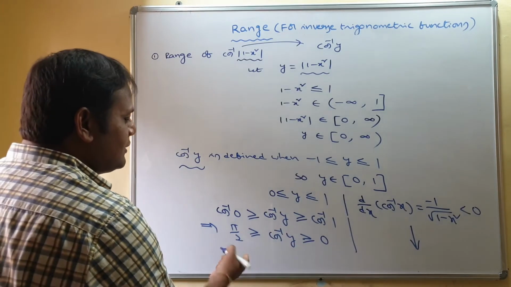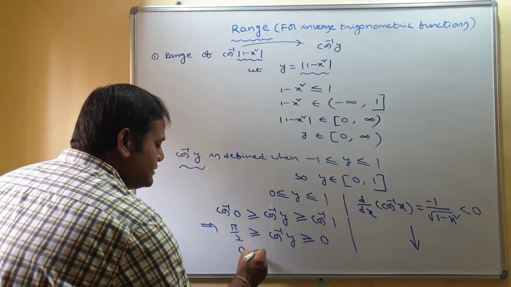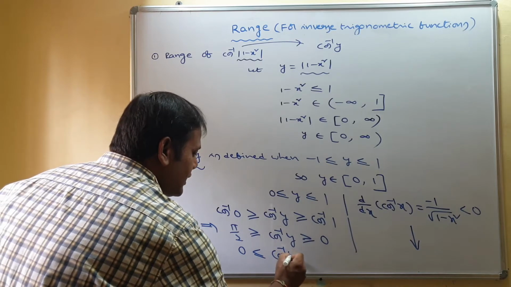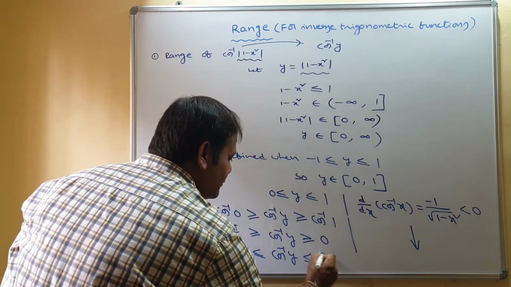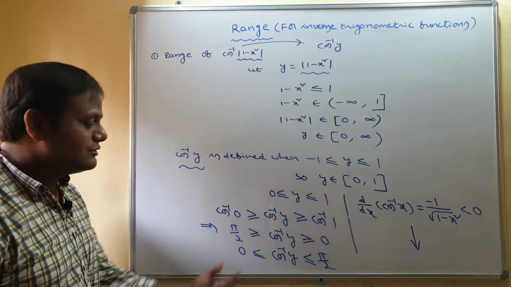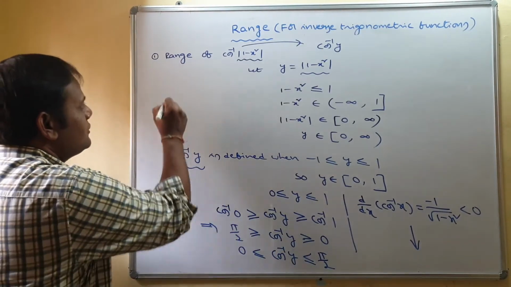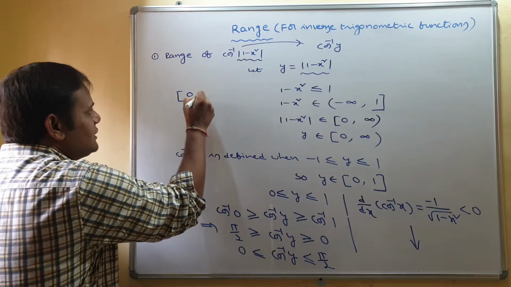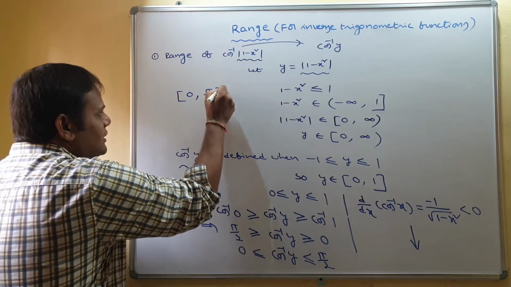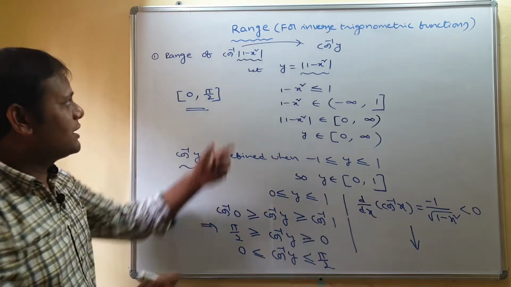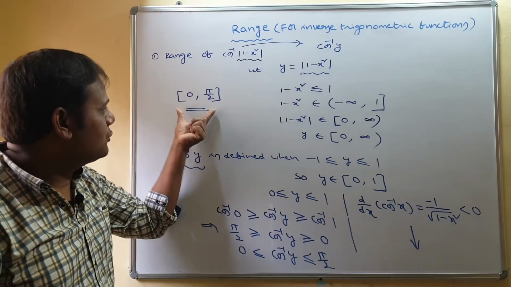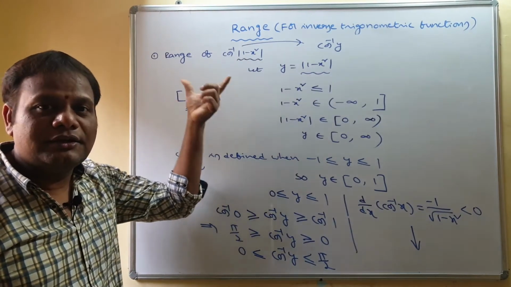You write them in reverse order. What we get? 0 less than or equal to cos inverse y less than or equal to pi by 2. So cos inverse y values belong to the closed interval 0 comma pi by 2. So the range of this function is the closed interval 0 comma pi by 2.